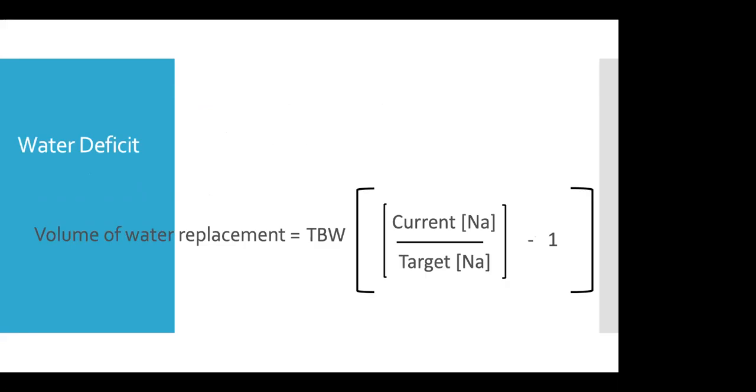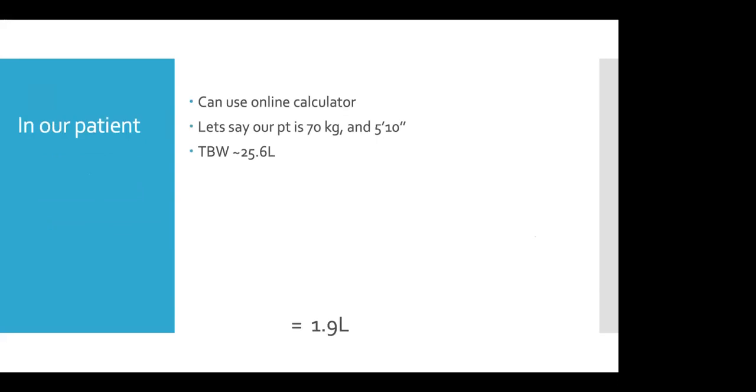Water deficit, this is the calculation for it. So basically your total body water times current sodium over target minus 1. Overall, you are usually going to use an online calculator, right?